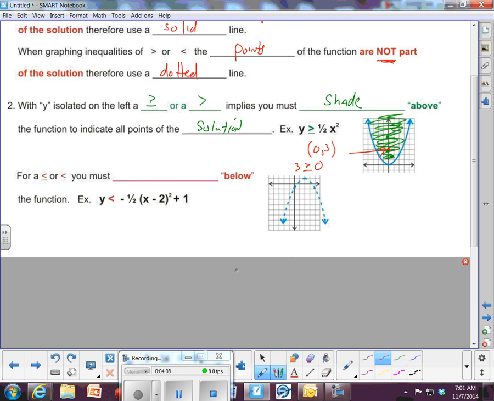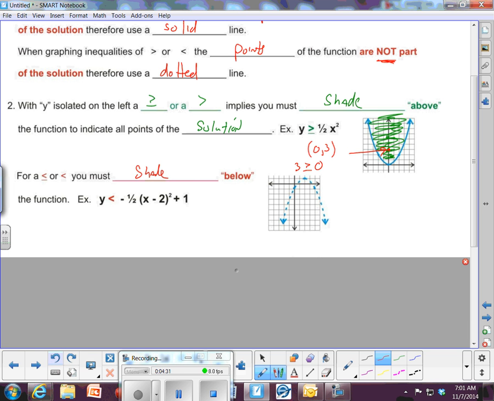Next statement, for a less than or less than or equal to, you must shade below the function. Here in our next example, we've got a less than. Our y is isolated on the left-hand side. That's important. And so the function is graphed.